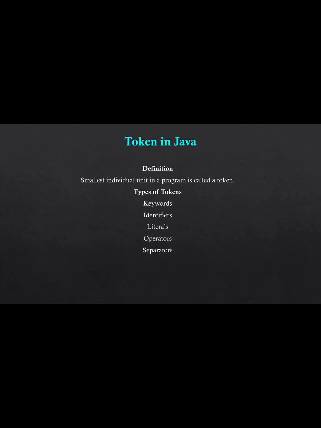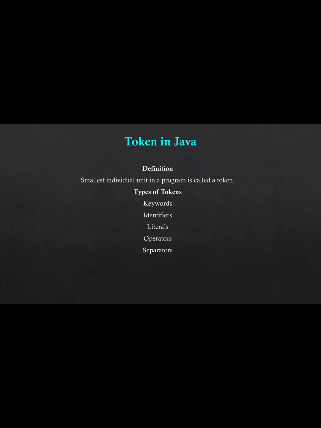What is a token in Java? So in yesterday's video we learned about writing a program in Java. A program in Java is nothing but a collection of different lines, and an individual line is nothing but a collection of tokens.